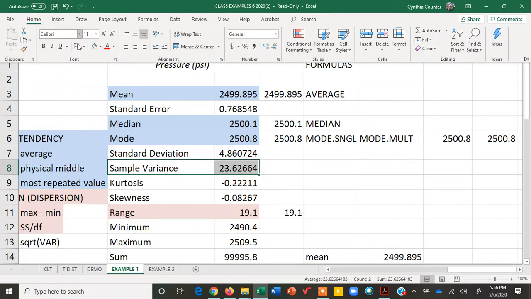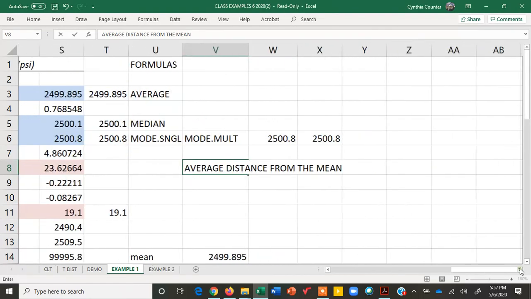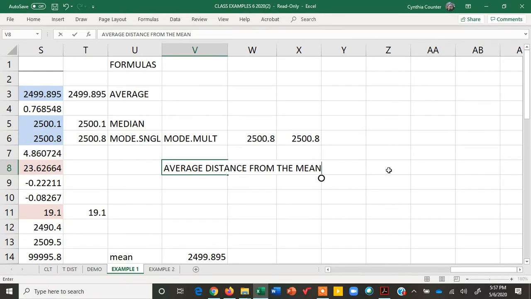What it does, it's going to measure how much things vary from the mean. How far are things varied from the mean? So we're going to look at an average distance from the mean, right? An average distance from the mean. Let's kind of take a look at what would happen here. So average distance from the mean.